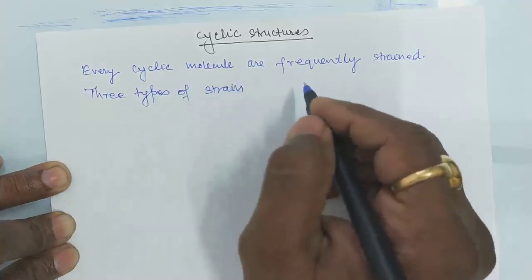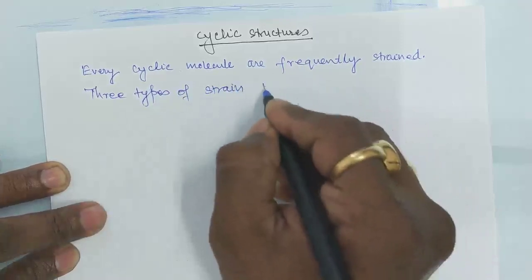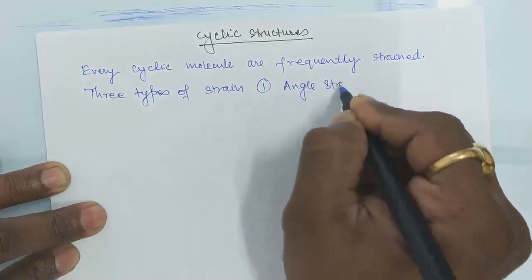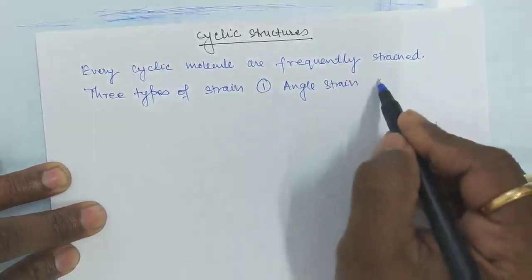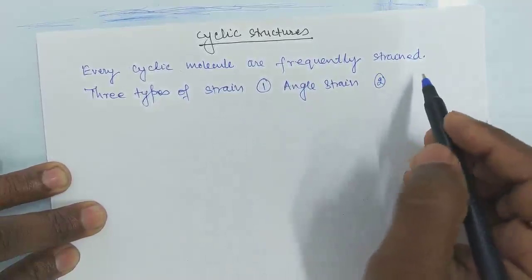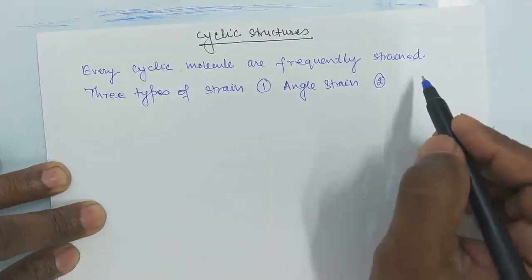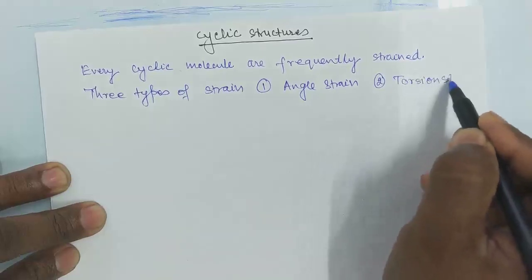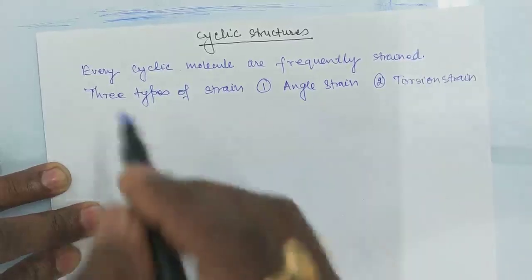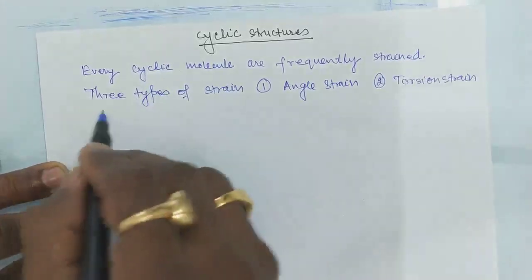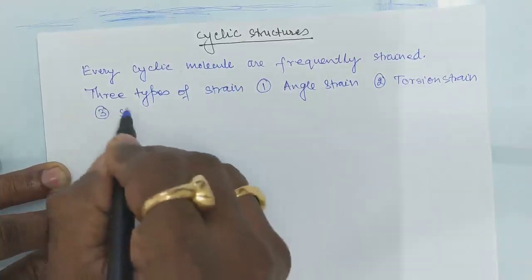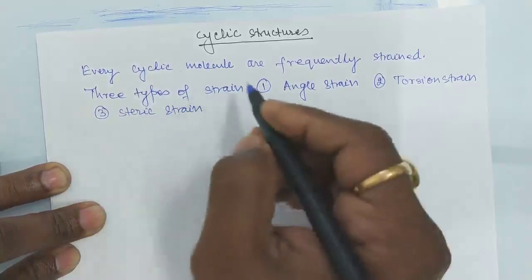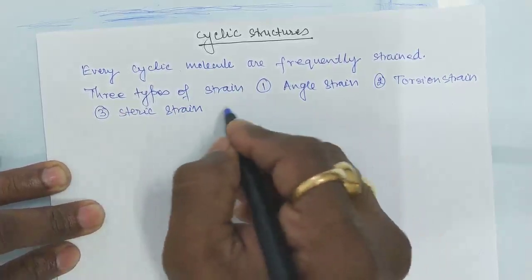Number 1, angle strain. Number 2, torsion strain, and steric strain.